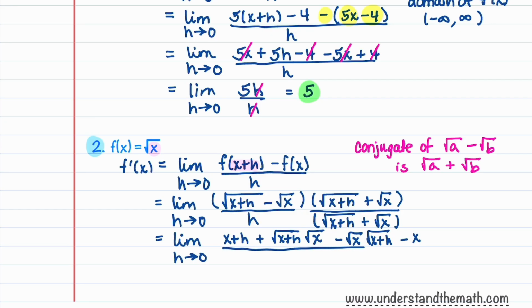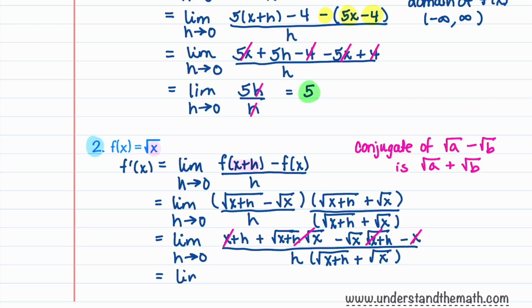And all of this is divided by h times the square root of x plus h plus root x. Now let's go ahead and see what cancels. We have an x that cancels, and then these terms with the square roots cancel, which is really nice. So let's see what we have left.